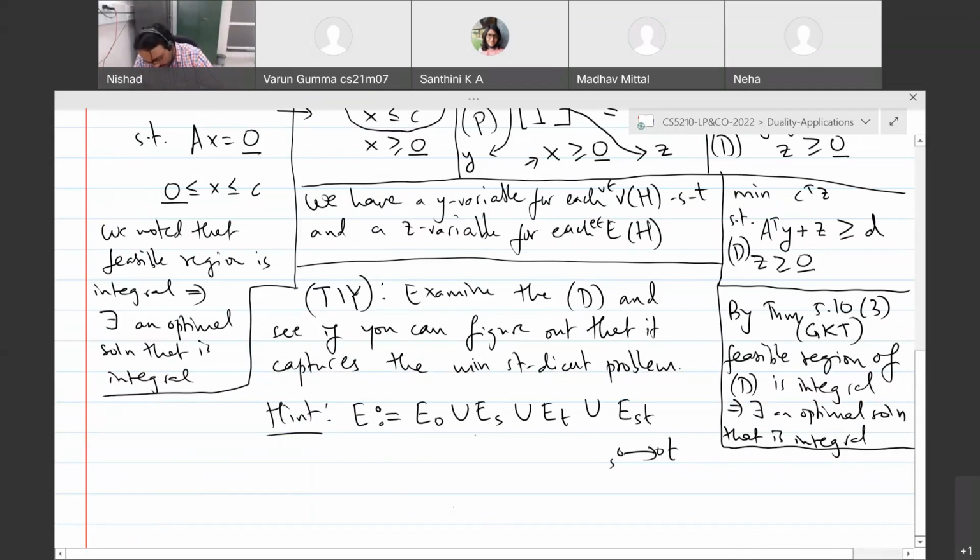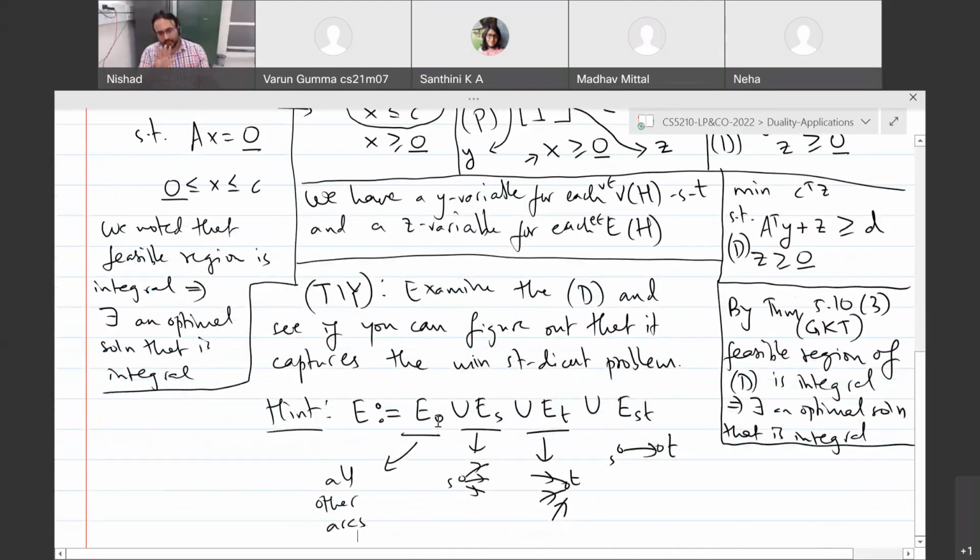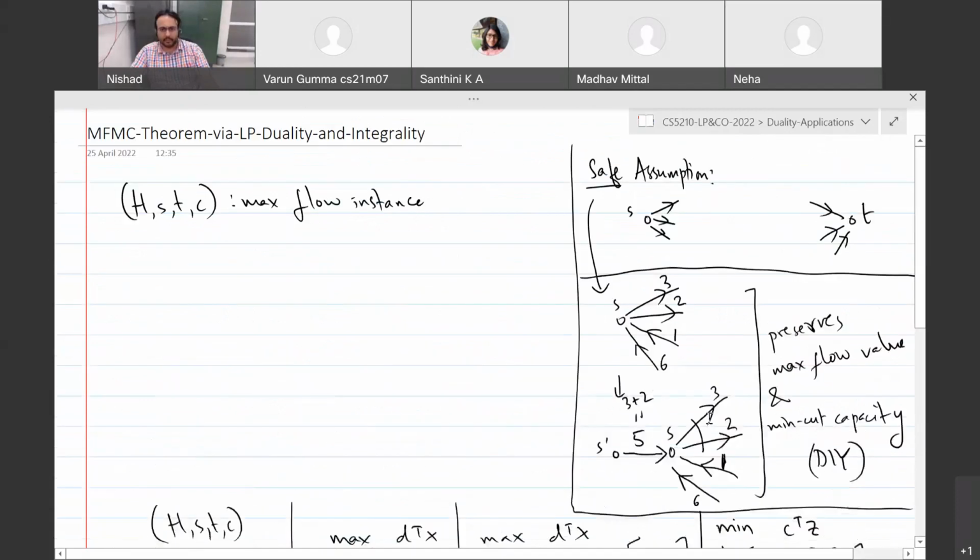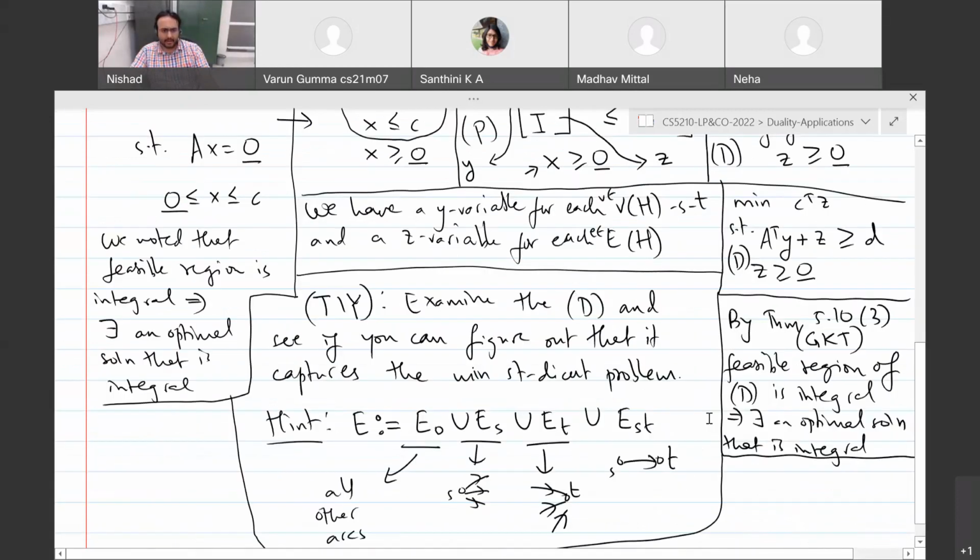These are the arcs going out of S. These are the arcs coming into T. And these are all other arcs. So if you examine all of these kinds of arcs separately, you might be able to make some progress on this problem. Okay, so try it out and we will complete it next time and complete the proof of the max flow min cut theorem using LP duality and integrality.